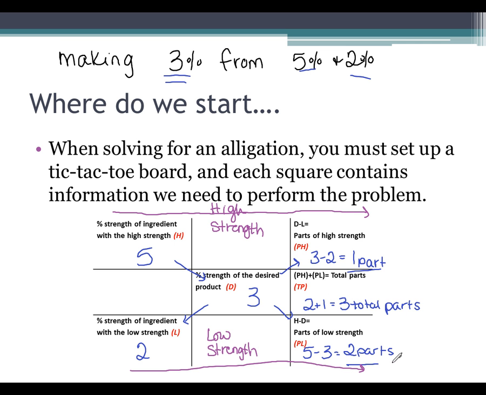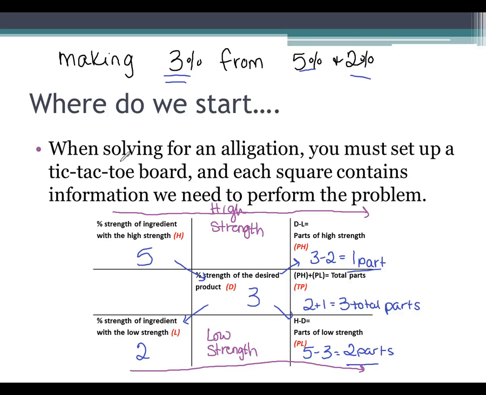And when we have filled out the right side of the tic-tac-toe grid, I have my parts. These parts are of equal value. For example, if I'm baking a cake and I need 2 parts of flour to 1 part of sugar, and I adjust my recipe and I'm only using 1 cup of sugar, then I'm going to be using 2 cups of flour.